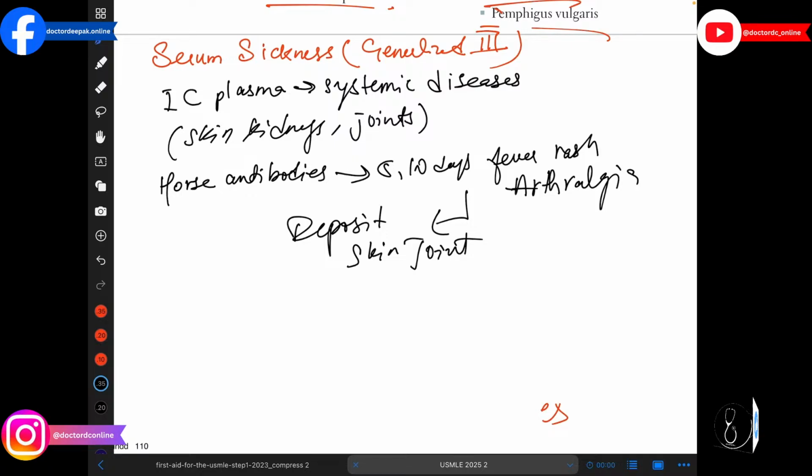They have urticaria, purpura, and low serum complement levels, a low level of complement in the body, because all the complement is activated and starts depositing.